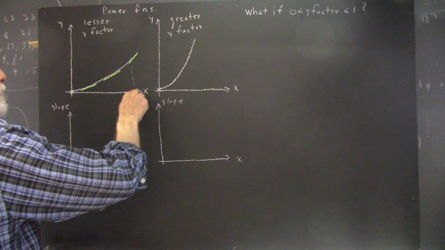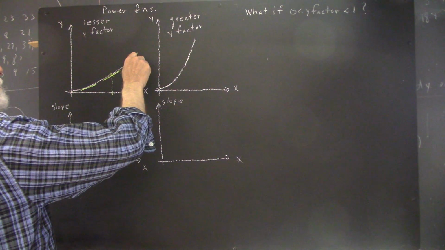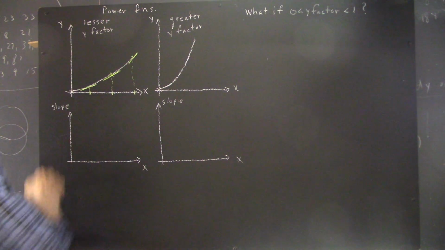Okay, so the x coordinates for the points of tangency, which I've just kind of got to estimate here, will be these.